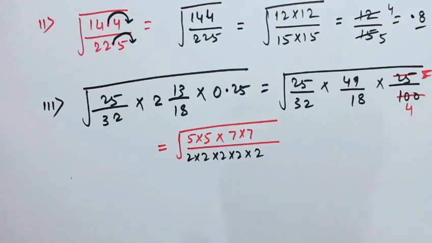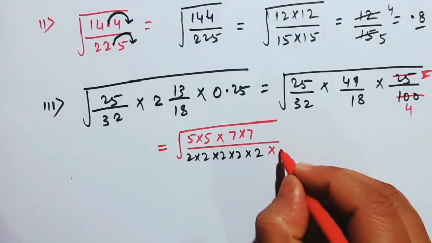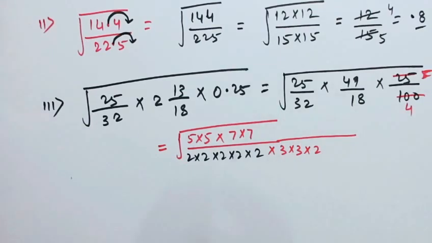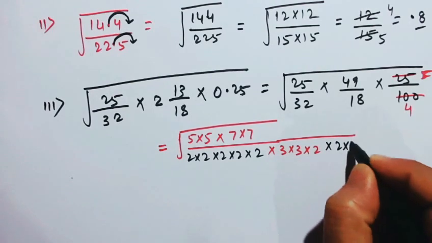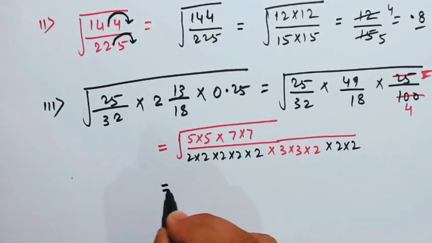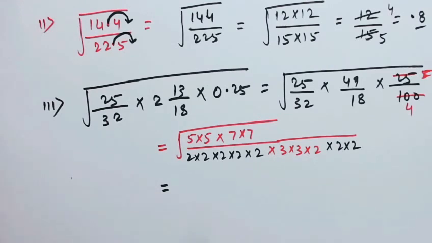What about 18? 18 can be written as 3 3s are 9, 2s are 18. And what about 4? 2 times 2 is 4.